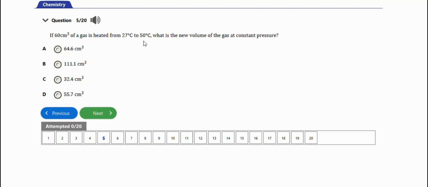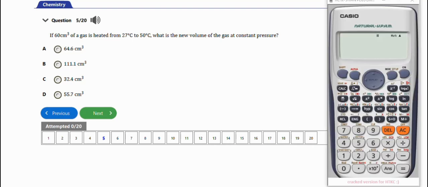with temperature and volume. You know that Charles' law states that the volume of a given mass of gas is directly proportional to the temperature, provided that pressure is constant. So the formula there is V1 over T1 equals V2 over T2. So in this question, we want to get the V2. Alright, so let's bring a calculator and punch this.